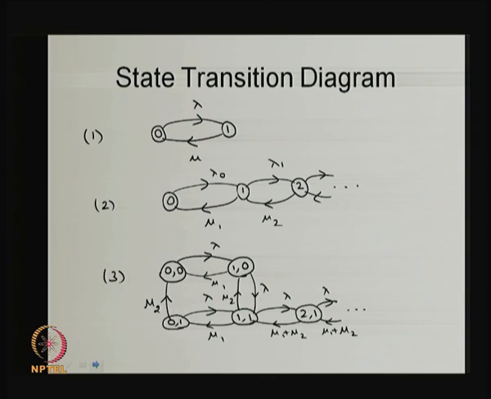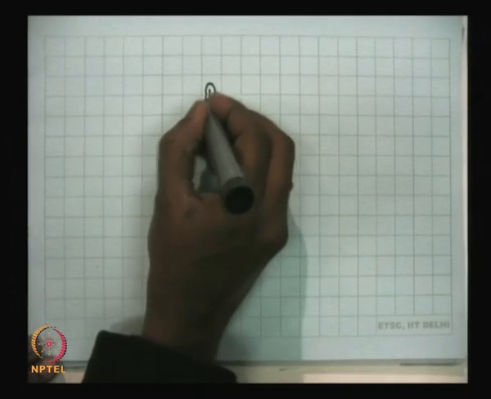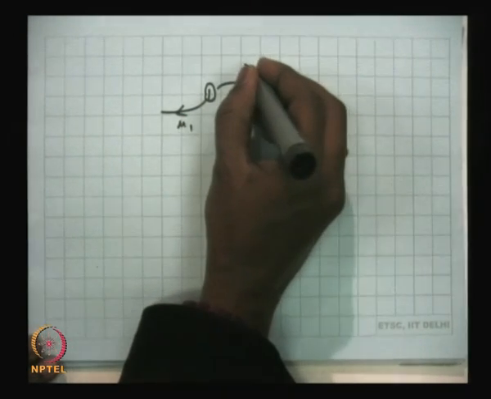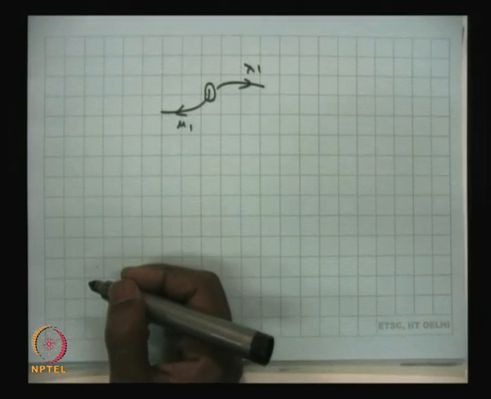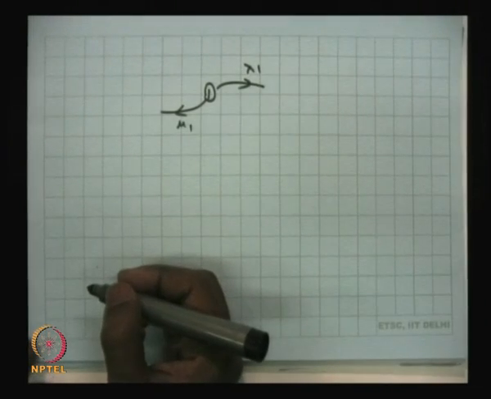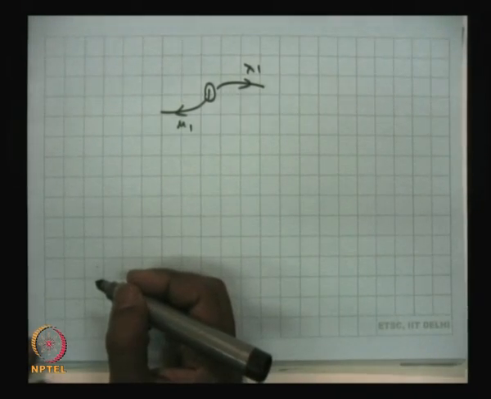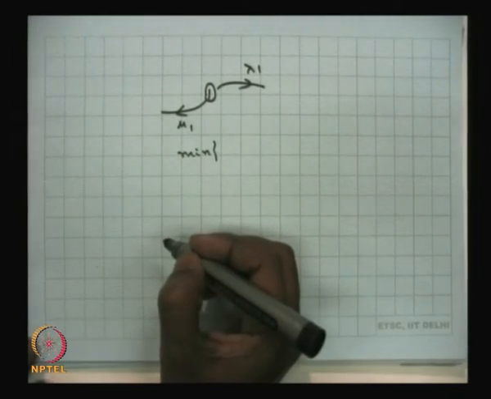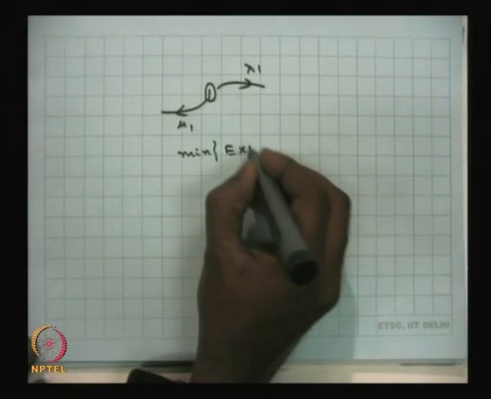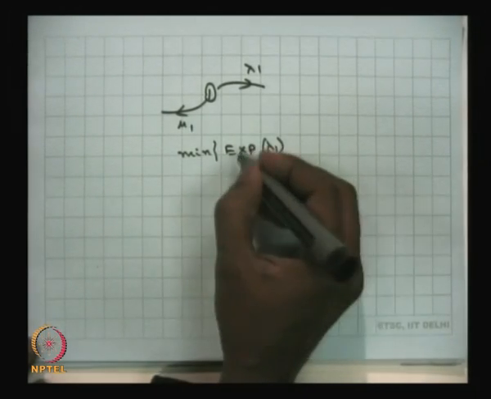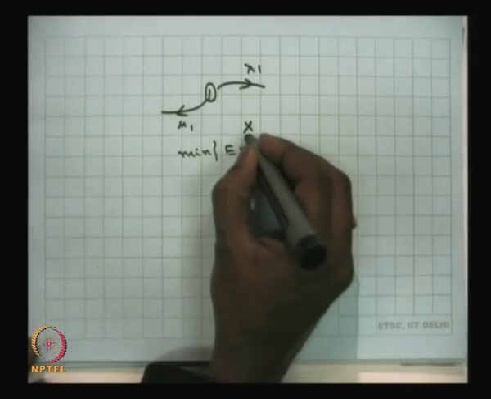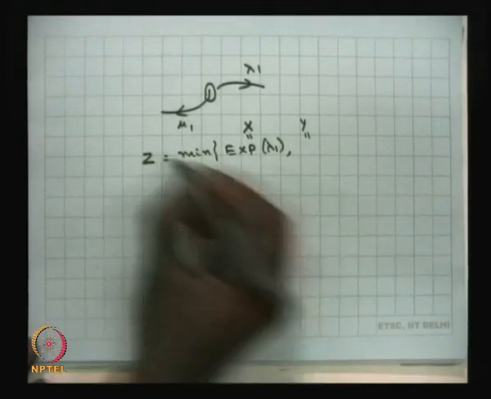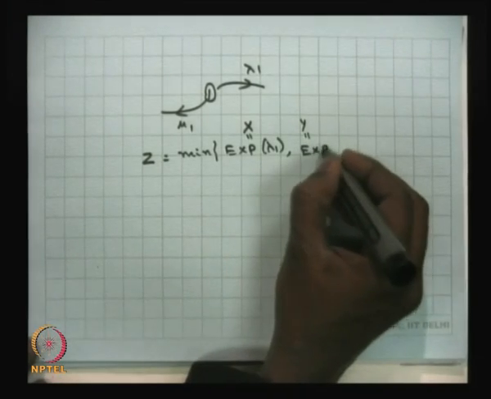Therefore, this is mu 1 and this is lambda 1. The time spent in state 1 before moving into any other state is going to be the minimum of one random variable, you can call it X, which is exponentially distributed with the parameter lambda 1, and another random variable, you can call it Y, which is exponentially distributed with the parameter mu 1.